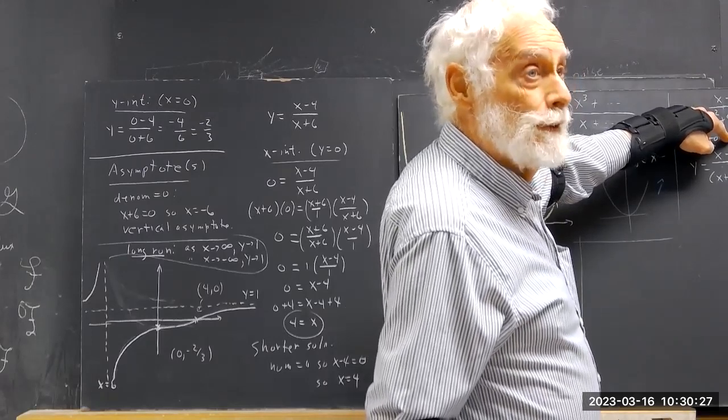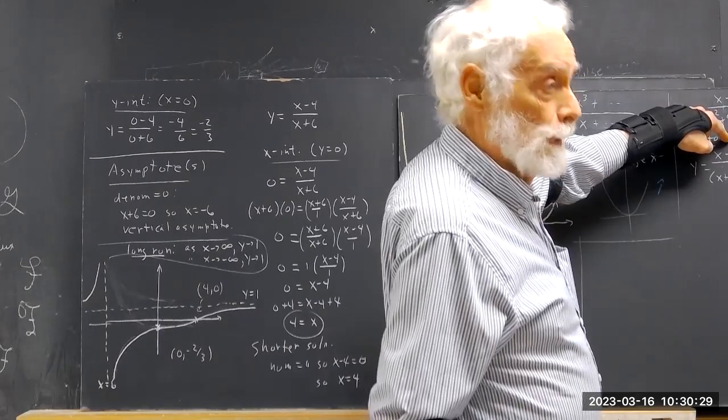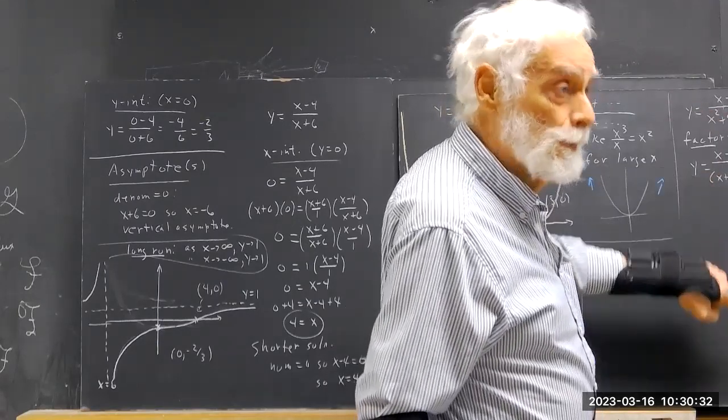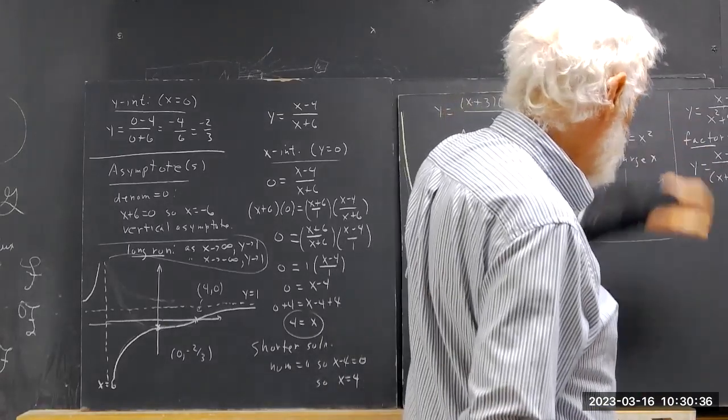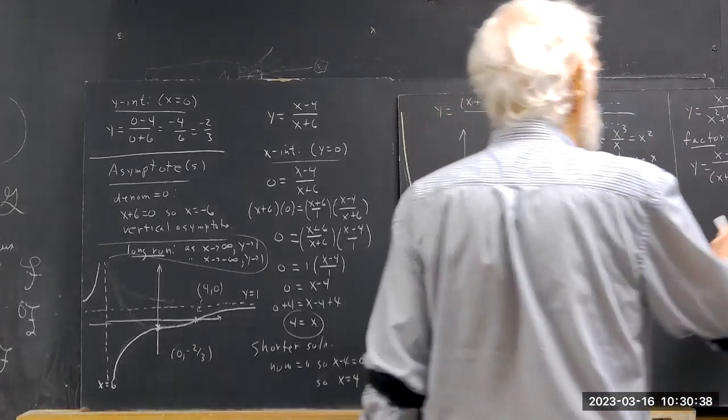That's worth hearing. If I have more time, I'll write it down, but that's something you're going to see in your pre-calculus course. Let's just get the bare bones of this process.